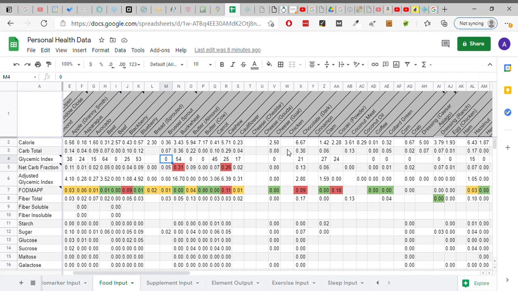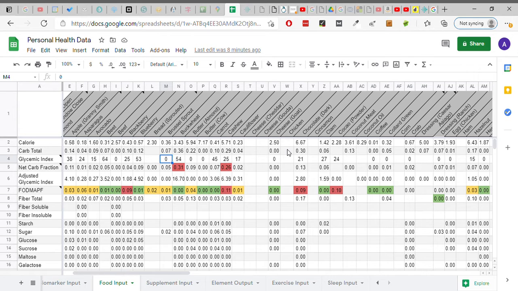To calculate the glycemic load for a watermelon, you would take the total amount of net carbs in a serving of watermelon, which would be about 11. You take 11 and multiply it by 72, and then divide by 100.